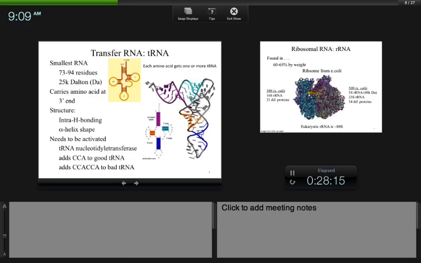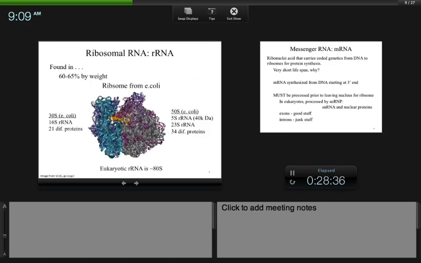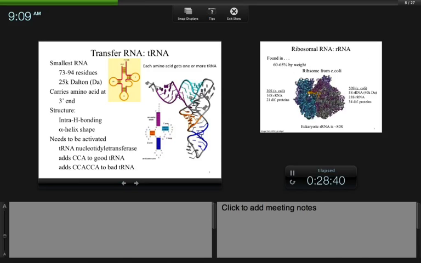It will need to be activated. To get activated, what we're looking at is another enzyme, and in this case, it's a tRNA enzyme. Why tRNA? Because that's what the enzyme is processing. So that's where our name is coming from. What else based on that name might we decide?